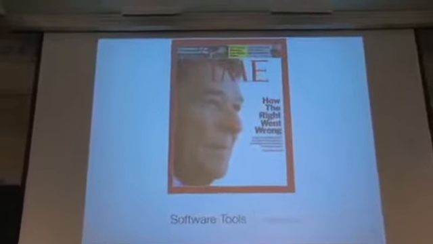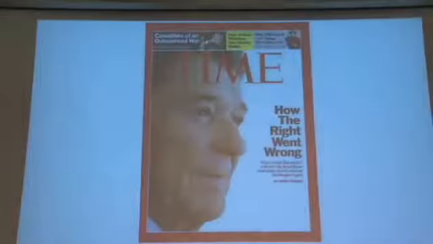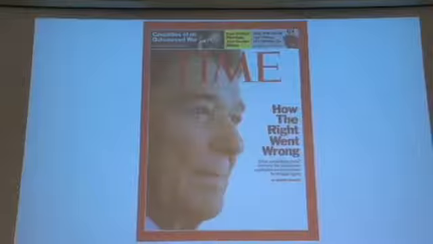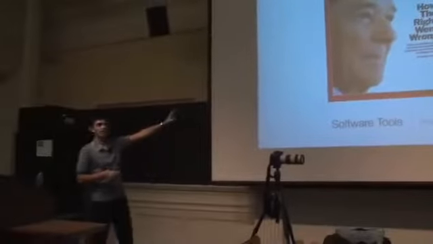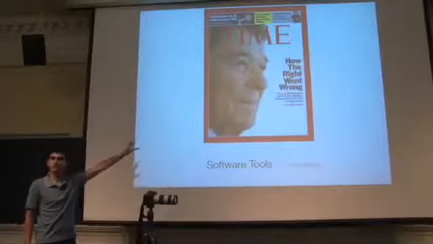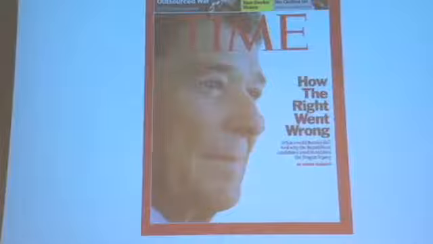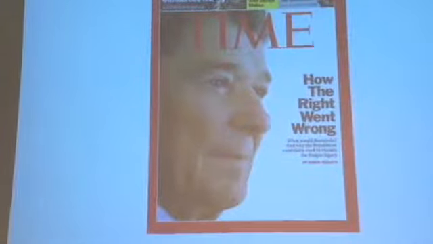But it does come at a cost, in that there are excellent Photoshop artists out there who do manipulate photos quite a bit. For example, this Time cover was a real cover that Time magazine ran a few years ago, I think, and it was actually a photo of Reagan, but the tear was fake.